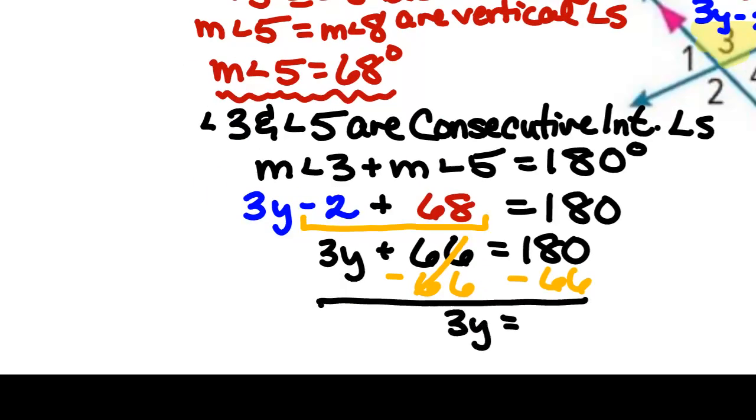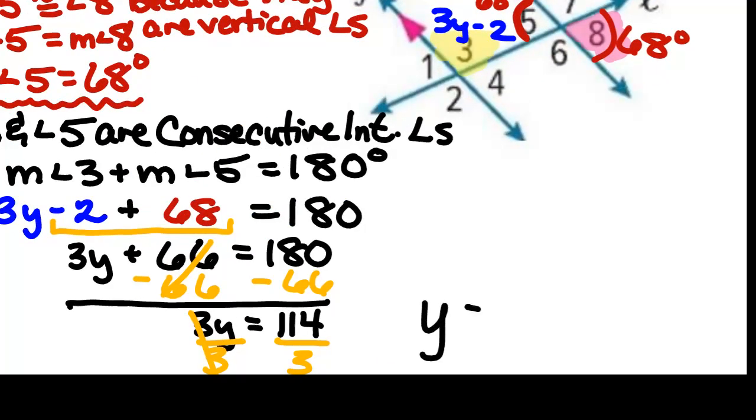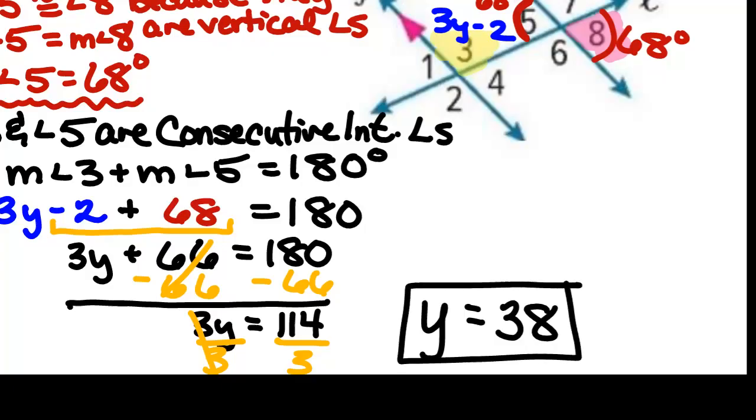How much? 114, thank you. So 3y equals 114. Then we divide both sides by 3. Does this go in evenly? Yes. What do we get? 38. Y equals 38. Nicely done.